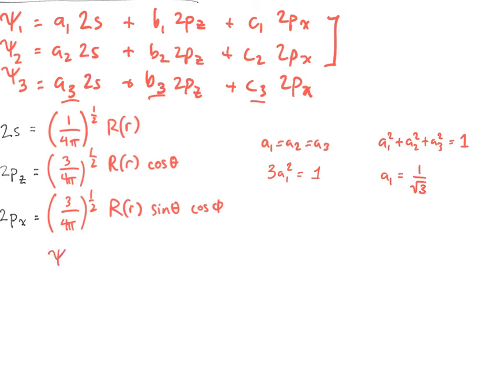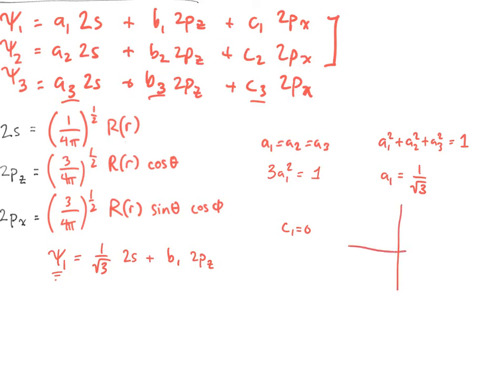So that means that psi 1 is just going to equal 1 over square root of 3 times the 2s orbital plus b1 times the 2pz orbital. And then we're going to assume that c1 equals 0 because we're going to align this first hybrid orbital along the z-axis.